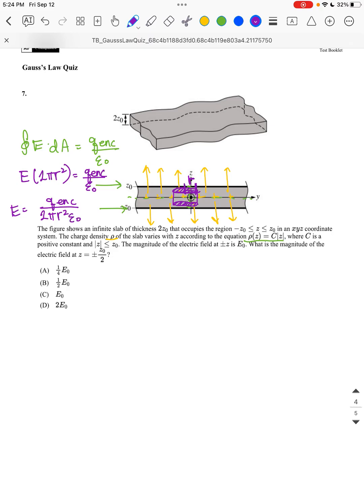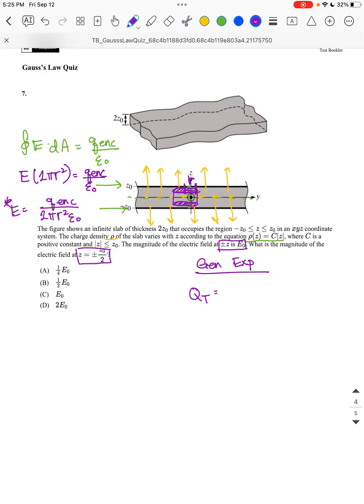And when we plug in the Q enclosed for the full slab, where we go from positive to negative z naught, and then for half of the slab, when we go to positive and negative z naught over 2, we can just plug it into this expression without doing any extra work. So I've got my general expression for the electric field. Now I want my general expression for Q total or Q enclosed.